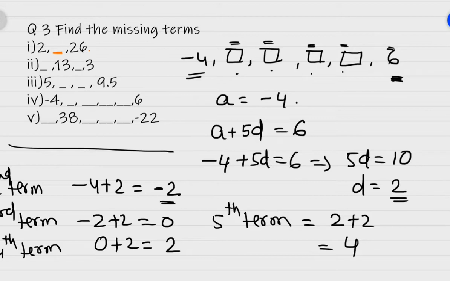So see here, from here you get minus 4, and after that minus 2, and then 0, then 2, then 4, then 6. See, simply there is a difference of plus 2. The first term is minus 4 plus 2 is minus 2, plus 2 is 0, 0 plus 2 is 2, and 2 plus 2 is 4. Isn't it?